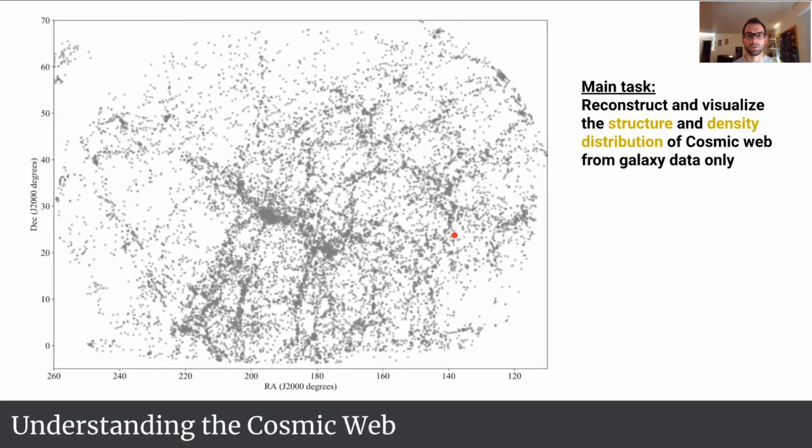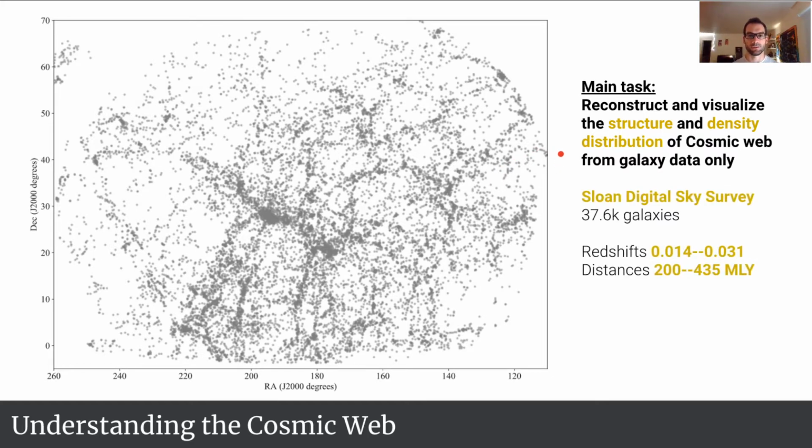So the main task, more specifically, was to reconstruct and also visualize the structure and the density distribution of the cosmic web from galaxy data only. Here you have a field of 37,000 galaxies projected to 2 dimensions, and these are just positions and masses of the galaxies we are working with here.